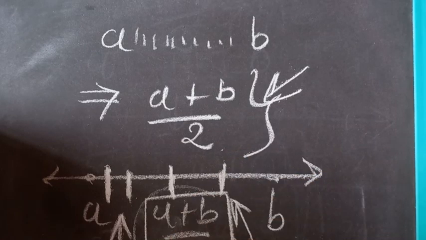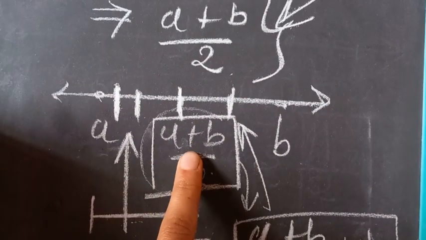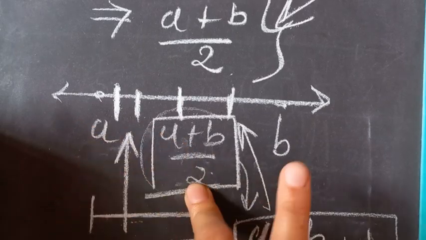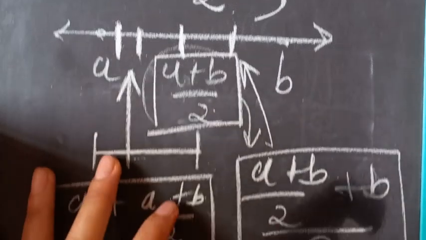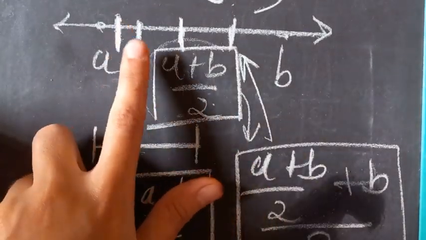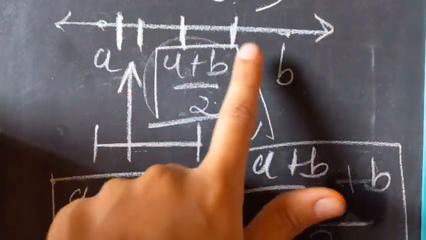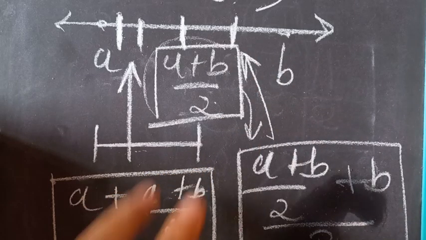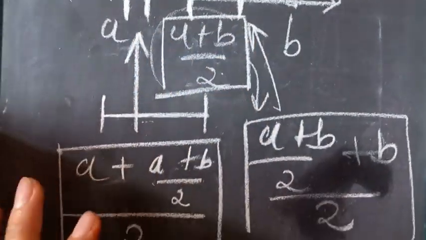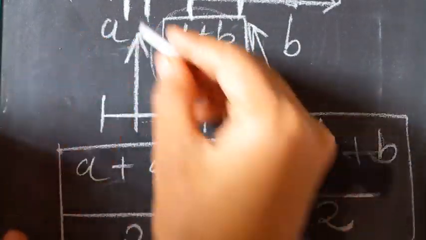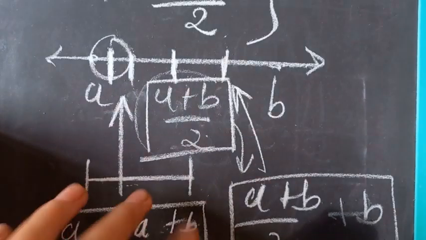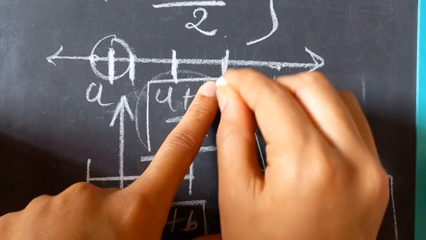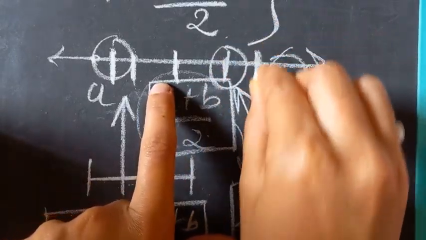Now we take the mean of these two and of these two, and we have two more rational numbers, so we have three. If you are asked for 5 rational numbers, we already have 3, so we take the mean of this and this, and then again of this and this.